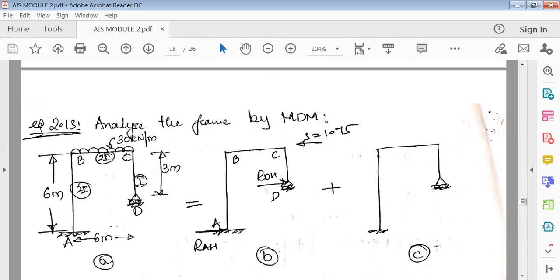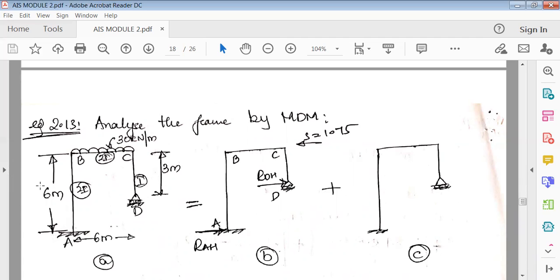D will be fixed here only. C changes to C dash. So that means it looks like this: A, B dash, C dash, and D. It might have swayed like this. This is one possibility. Or it can move like this: left side, A, B dash, C dash, D, like this.